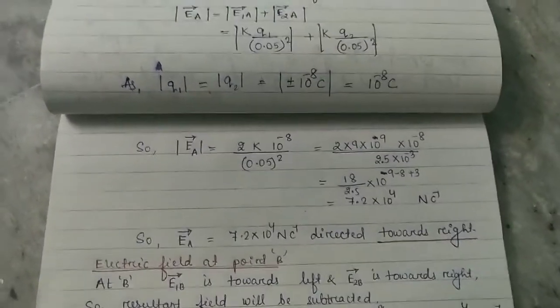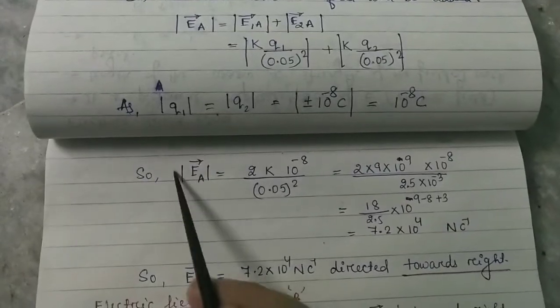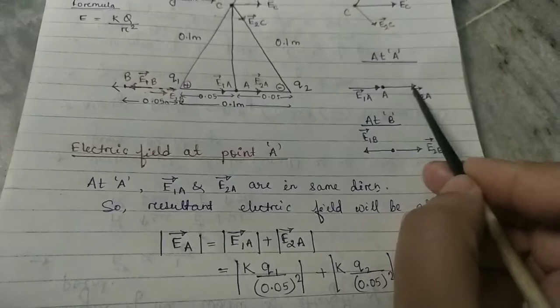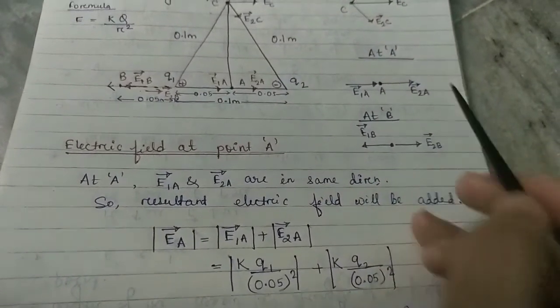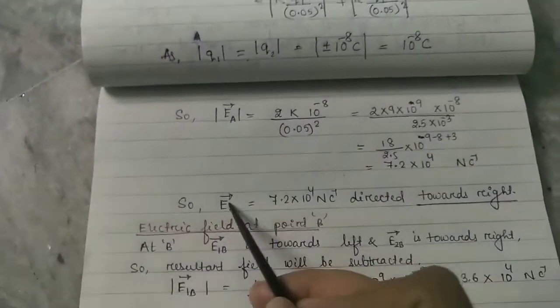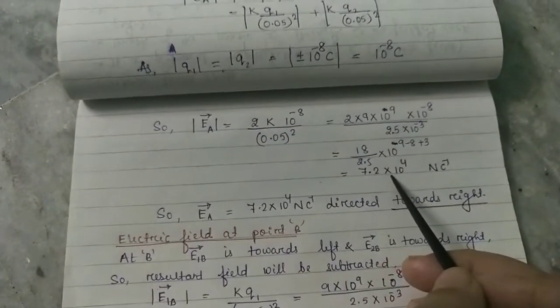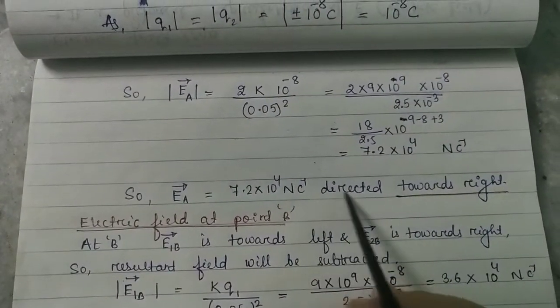Now we will find the vector notation, because this is only the magnitude. What about the direction? You see here at point A both are towards right, so the resultant will also be towards right. So EA equal to 7.2 into 10 to the power 4 Newton per coulomb directed towards right.